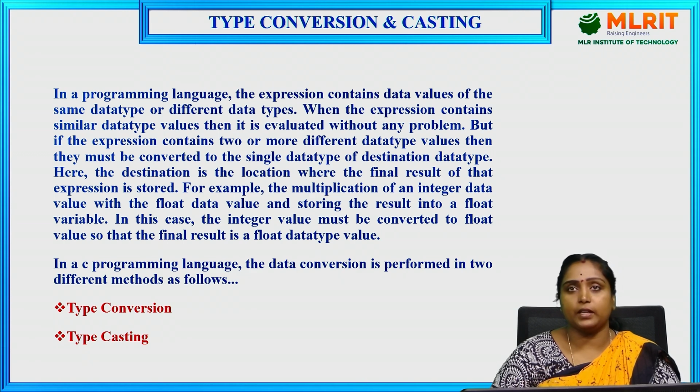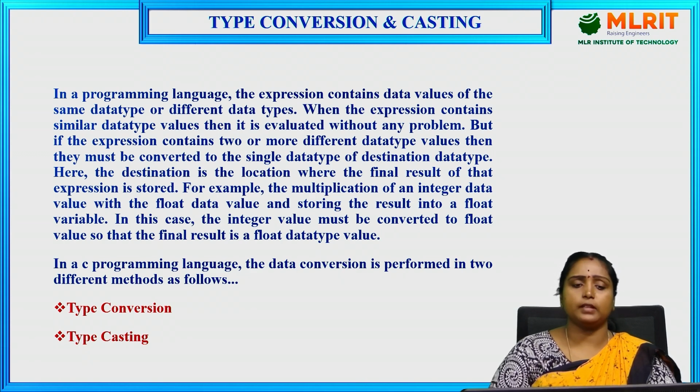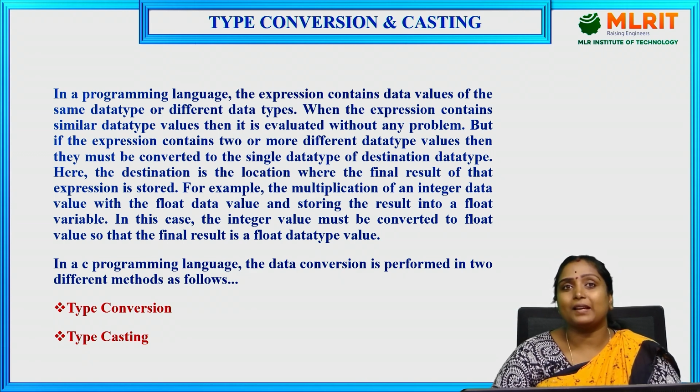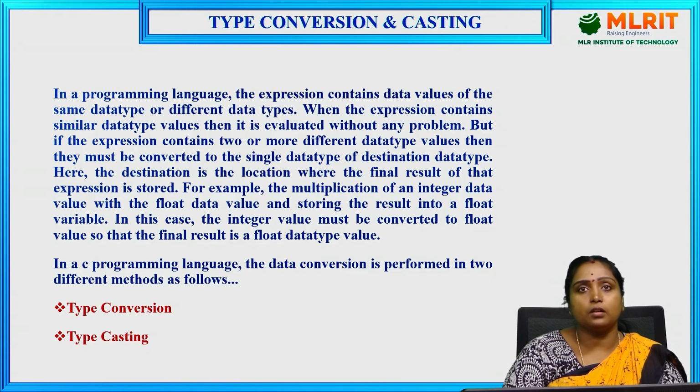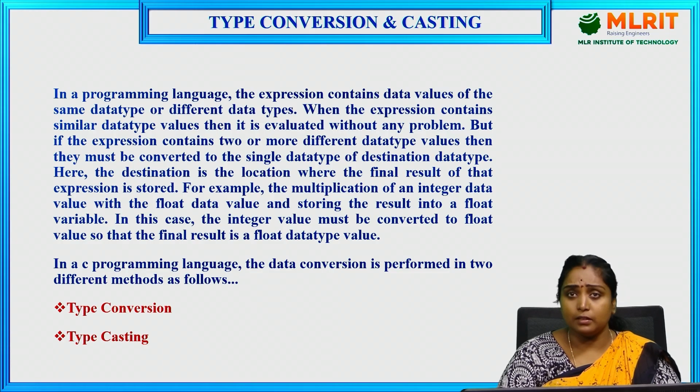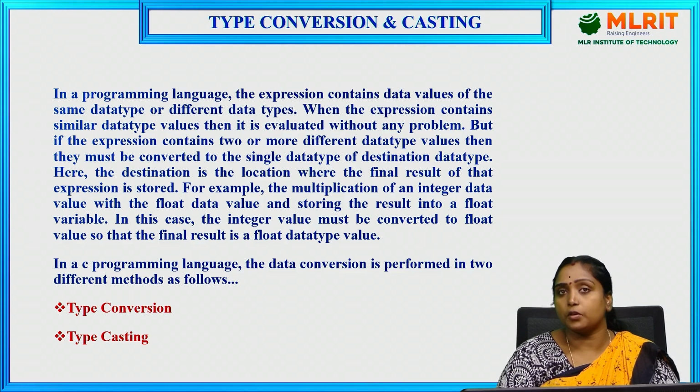Coming to the type conversion and casting. So this is another concept, type conversion and type casting. So first, in order to evaluate some expressions, we have to check whether the expression is an integral expression or constant expression or floating point expression.